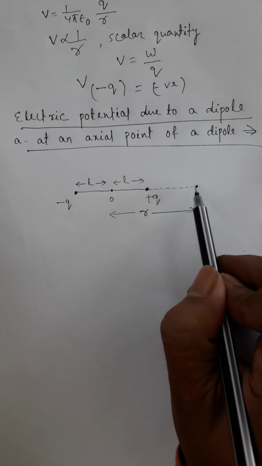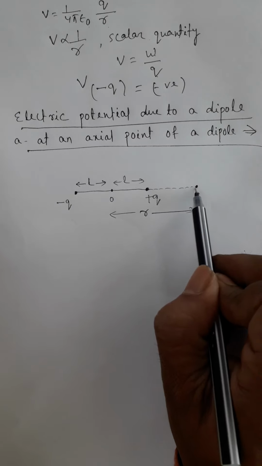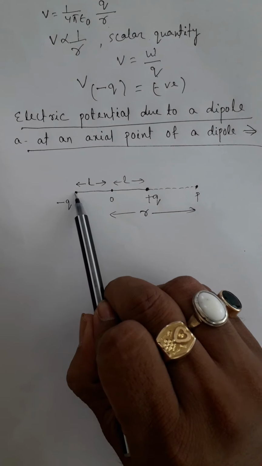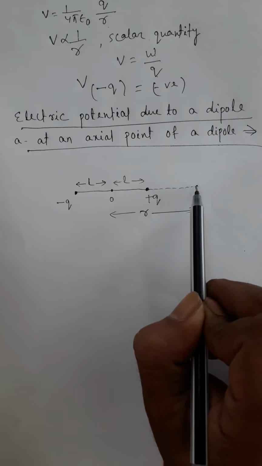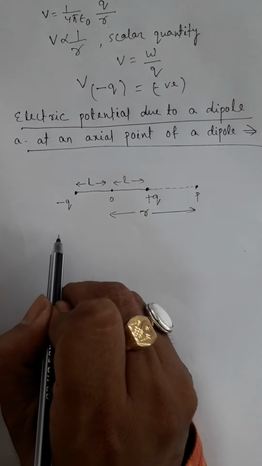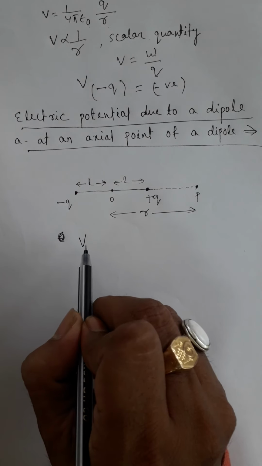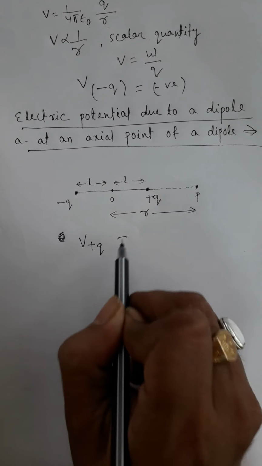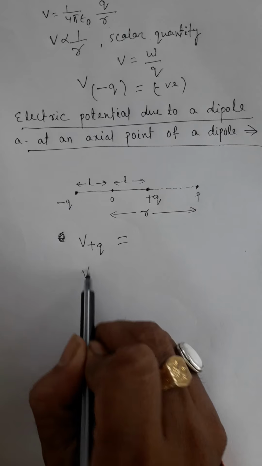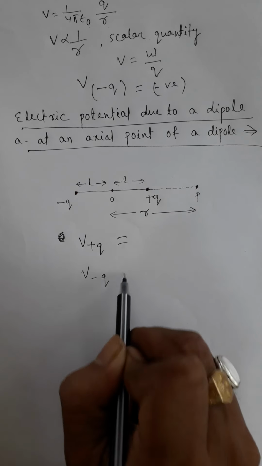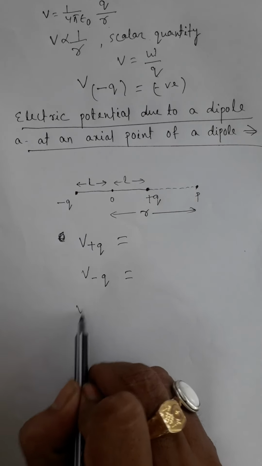So we have to calculate electric potential at this point. First we calculate electric potential at point P due to the positive charge, and electric potential at point P due to the negative charge. And what is the net potential?